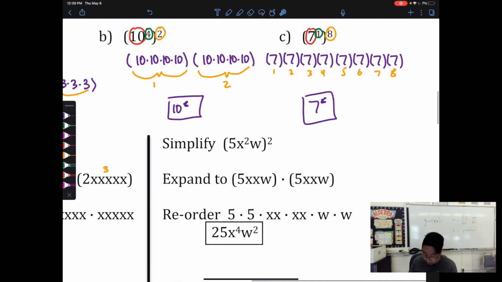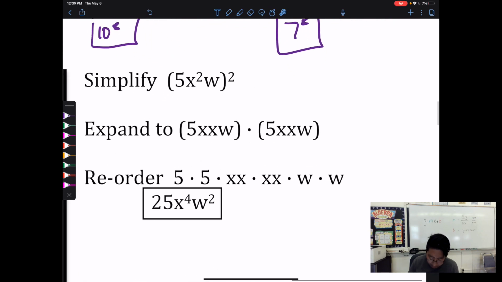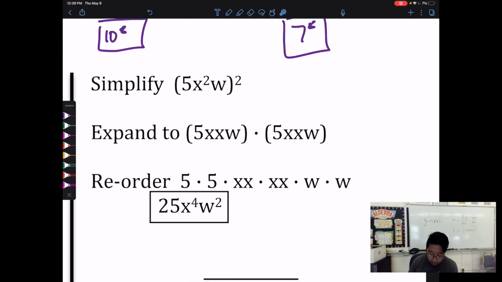Let's go ahead and look at the next one. 5x squared w, all raised to the 2nd power. So here, the only exponent we have is x to the 2nd power. So you can see right here, 5x squared times w. That's all inside the parentheses, okay? So we expanded that first.